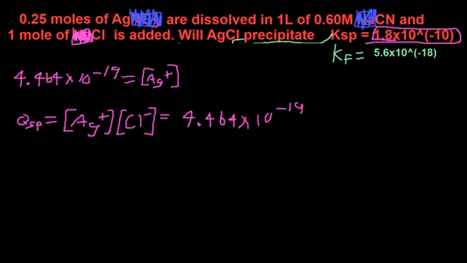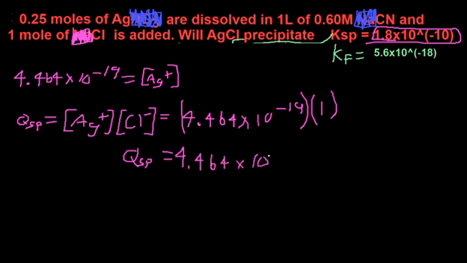What we care about is that we added 1 mole of chloride, which in 1 liter is 1 molar. So we multiply this by 1, which means our Qsp is going to equal 4.464 times 10 to the negative 19.